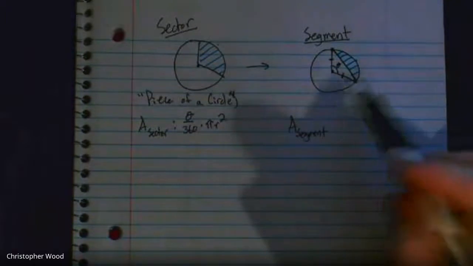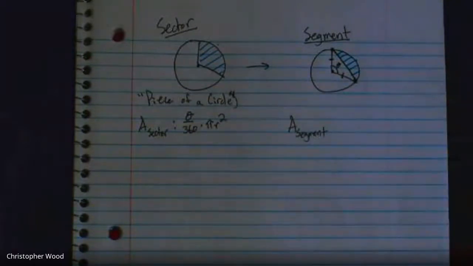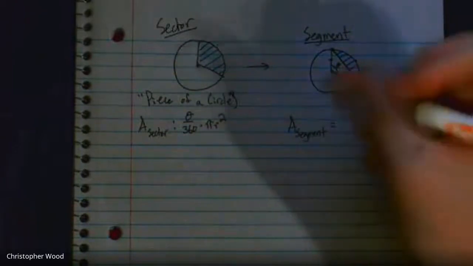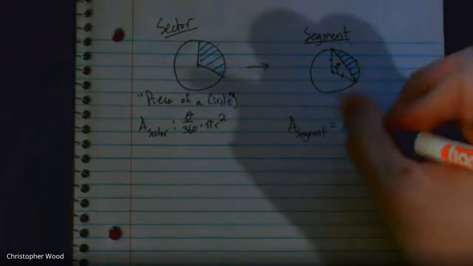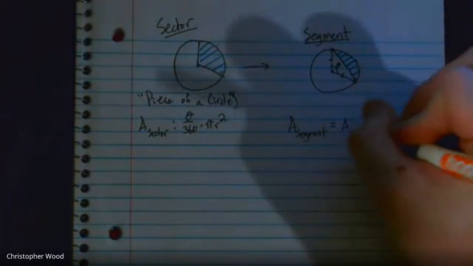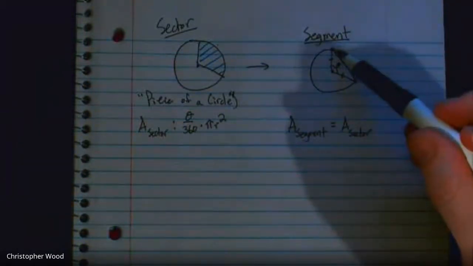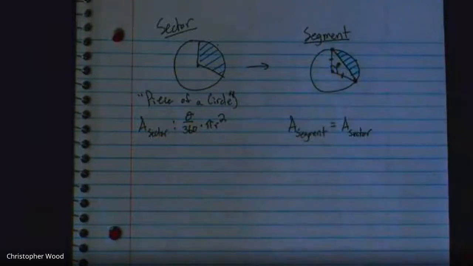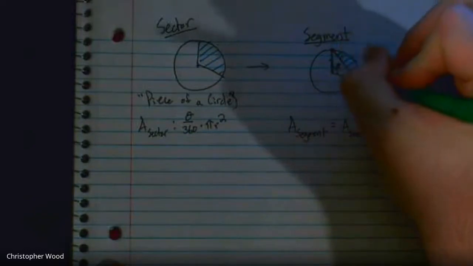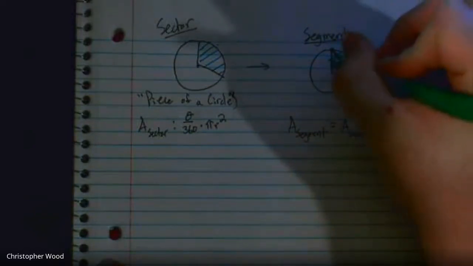We created an isosceles triangle here. So the area of the segment is equal to area of a sector, right? If I knew the whole space, and then what I'm going to get rid of is that triangle. So it's the area of the sector minus however big the space inside of this triangle.